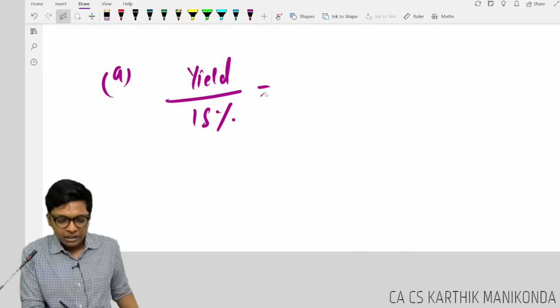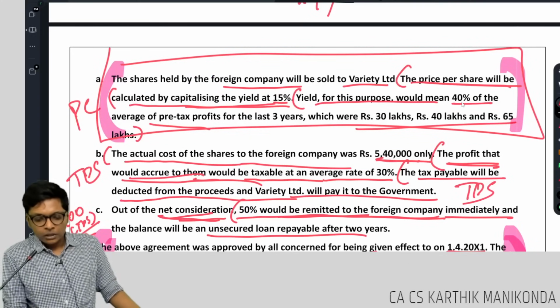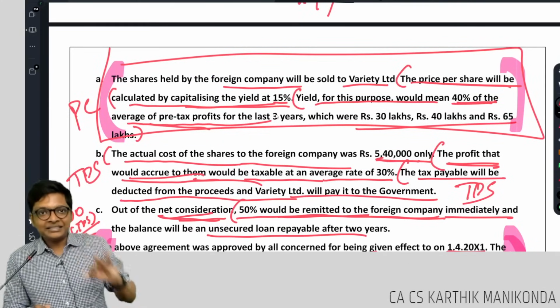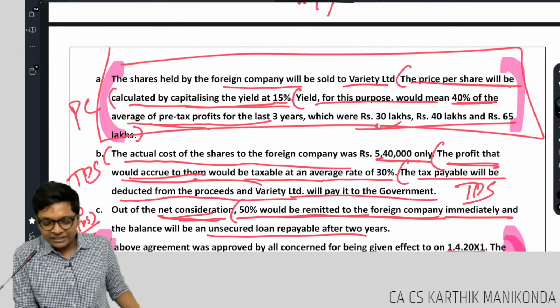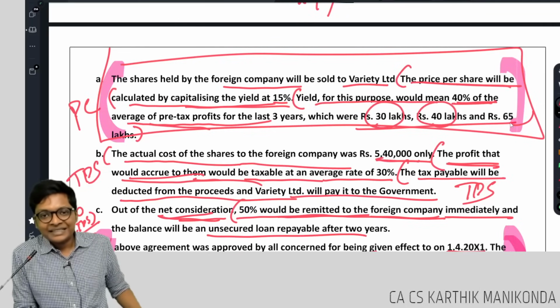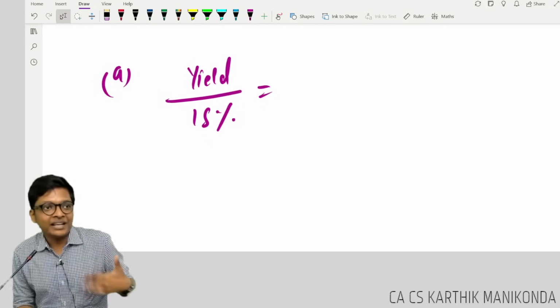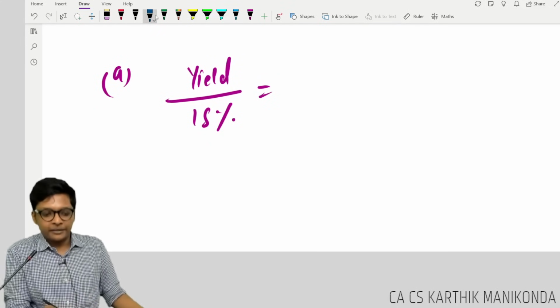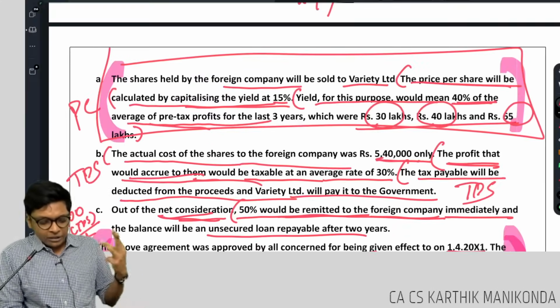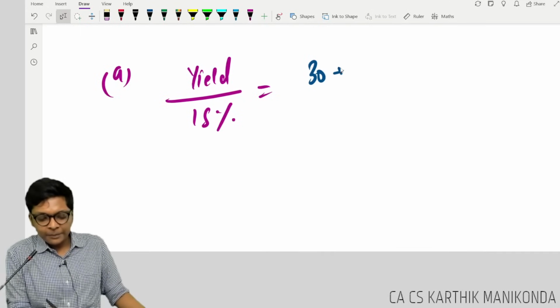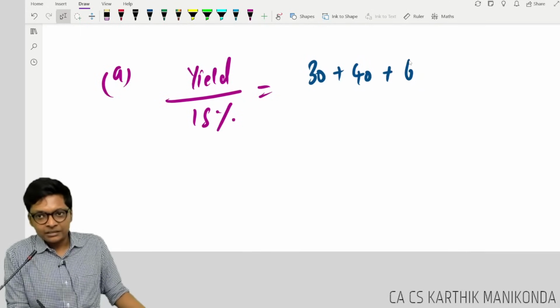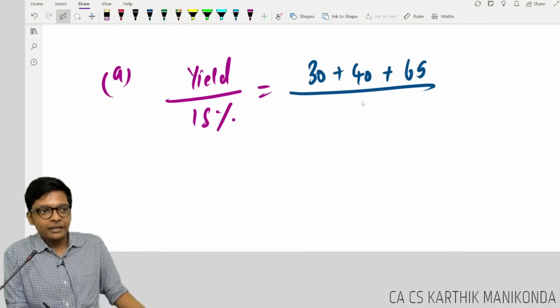But they have not given what the yield is. They have told yield is nothing but 40% of the average pre-tax profit of the last 3 years, and the last 3 years profit is 30, 40 and 65. So what is the average of the last 3 years, guys? Quickly compute with me. 30 plus 40 plus 65, whole divided by 3.